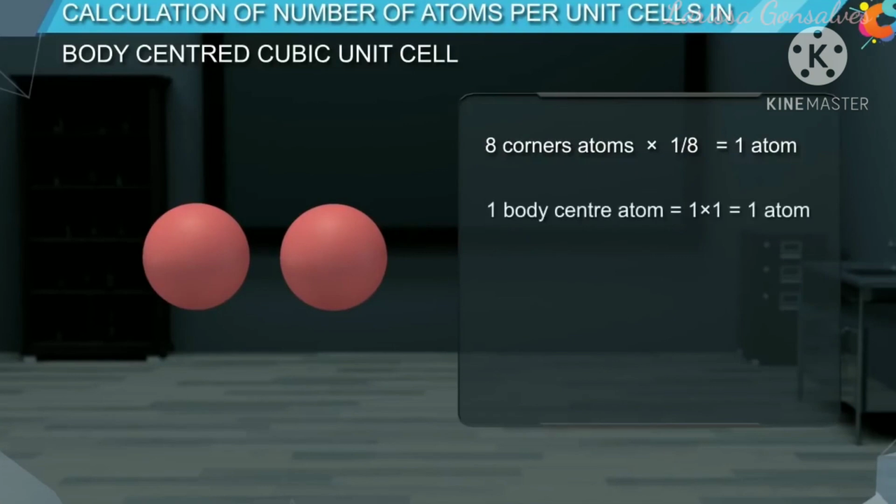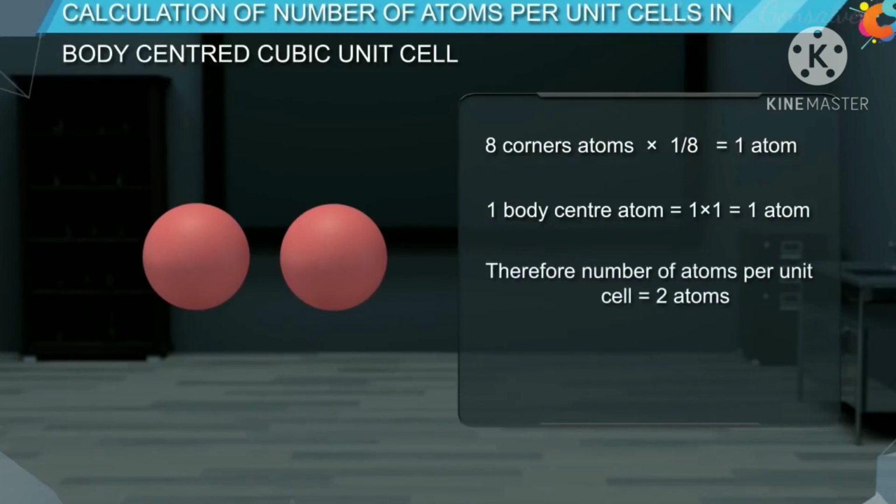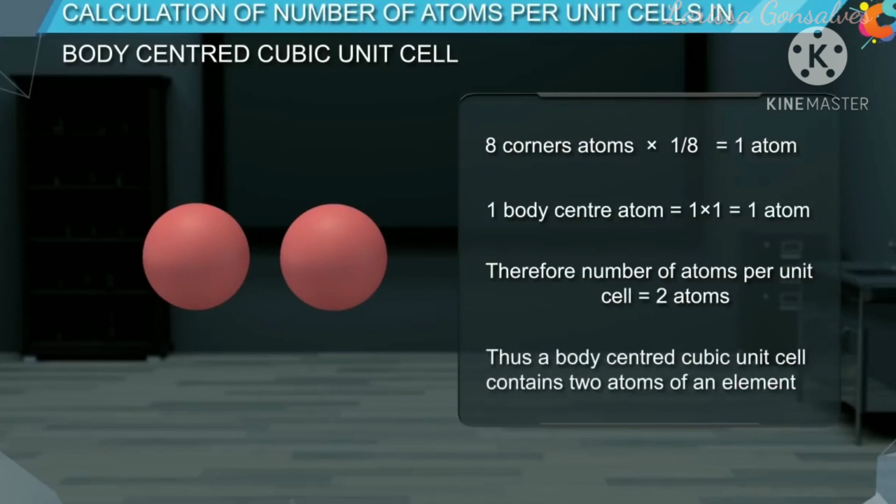One body-centered atom is equal to 1 × 1, which is equal to 1 atom. Therefore, number of atoms per unit cell is equal to 2 atoms. Thus, a body-centered cubic unit cell contains 2 atoms of an element.